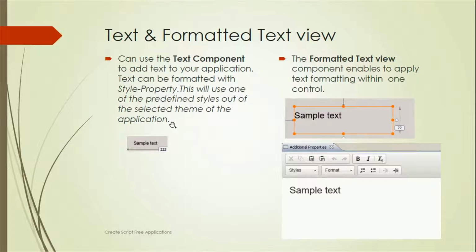The text component can be formatted with the style property. This will use one of the predefined styles out of the selected theme of the application, so only the predefined styles available there can be used. While in the formatted text component, we have these styles, or we can specify our own styles here.